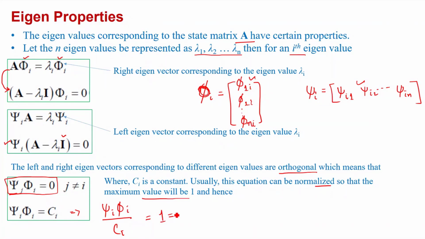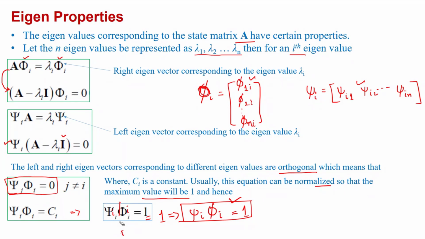In the normalized form, we can represent it like this for the unit form. If we divide both by Ci, this is the normalized form of representation, and it will become equal to 1, right? This is under the normalized condition.